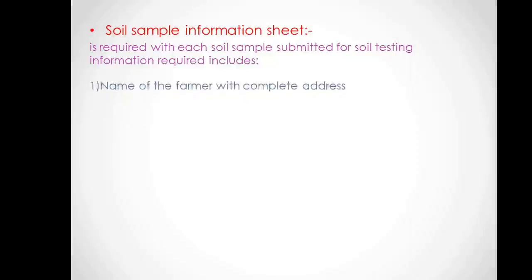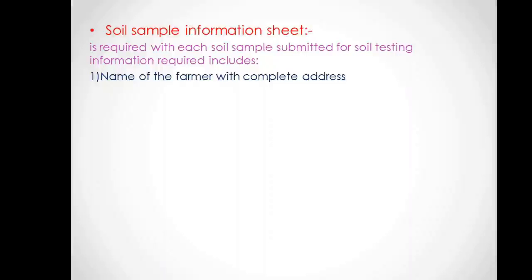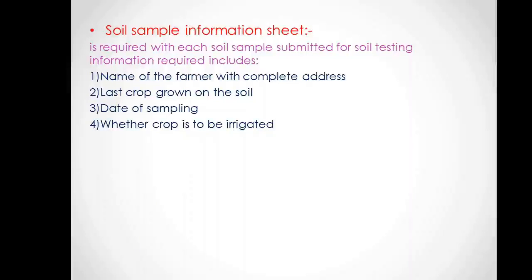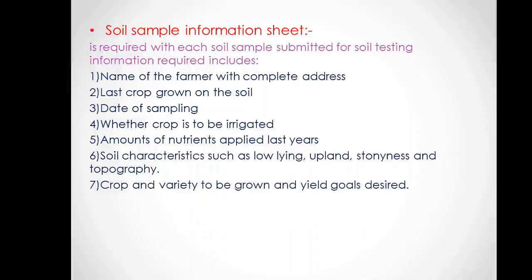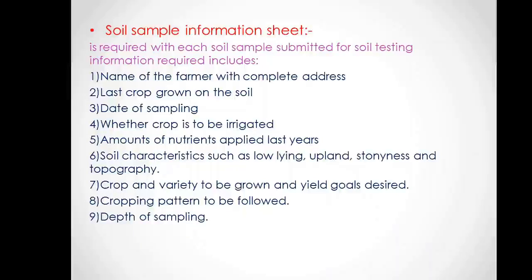Information required includes: first, name of the farmer with complete address; second, last crop grown on the soil; third, date of sampling; fourth, whether crop is to be grown; fifth, amount of nutrients applied last year; sixth, soil characteristics such as low lying, upland, and topography; seventh, crop and varieties grown and yield goal desired; eighth, cropping pattern to be followed; ninth, depth of sampling and slope.